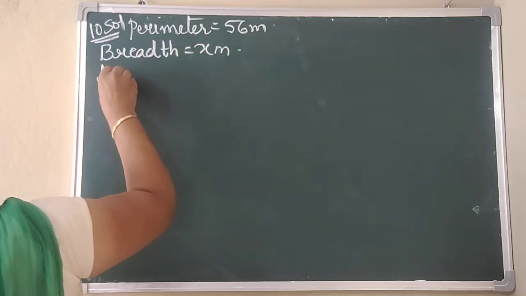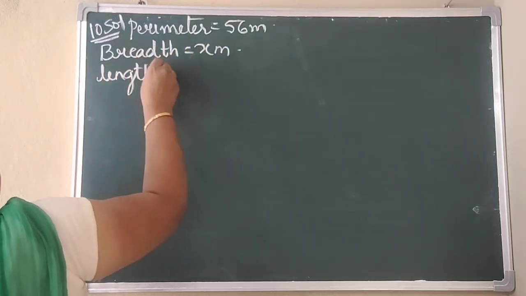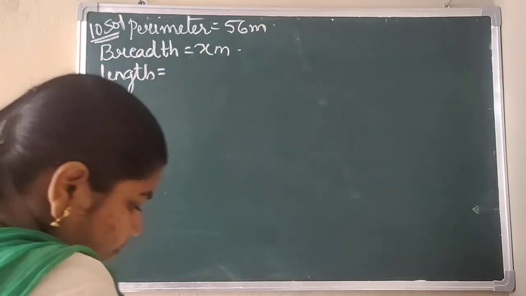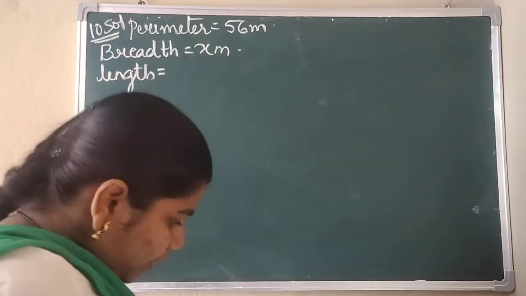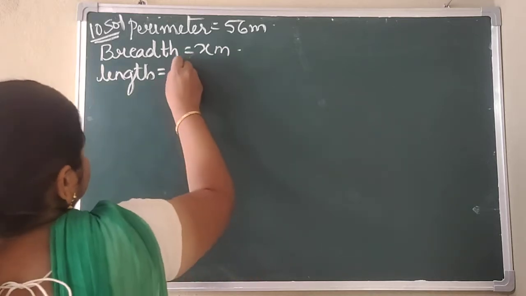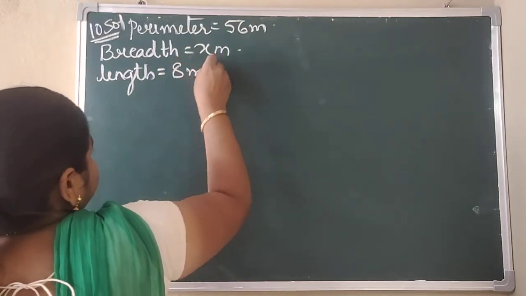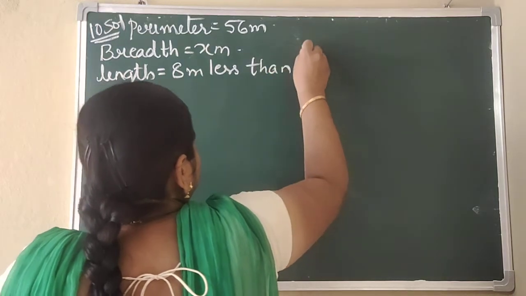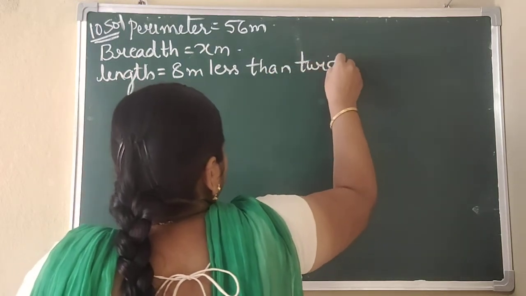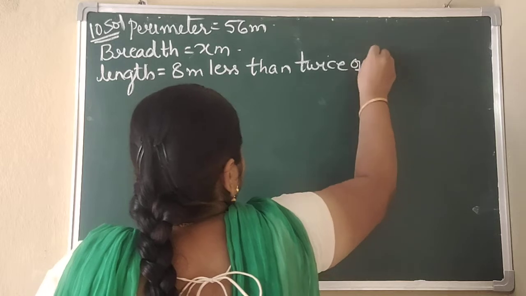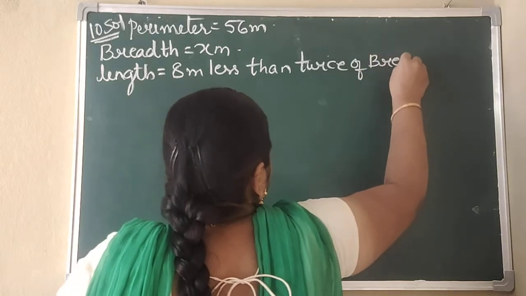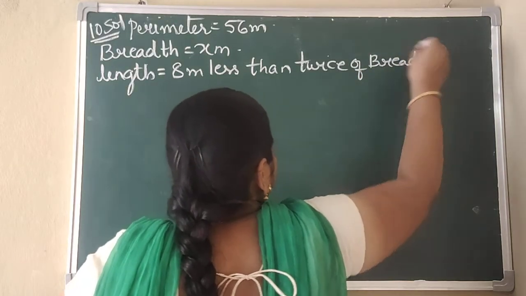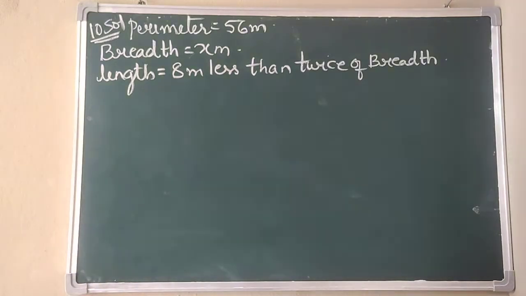And about the length, what they told: the length is 8 meters less than twice of the breadth they told. So how to write this?